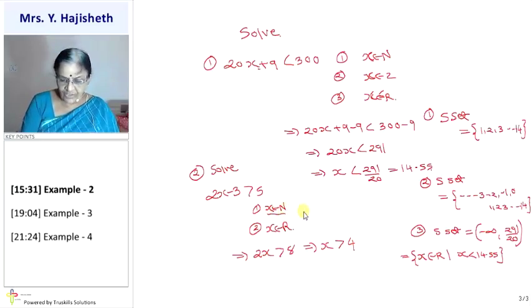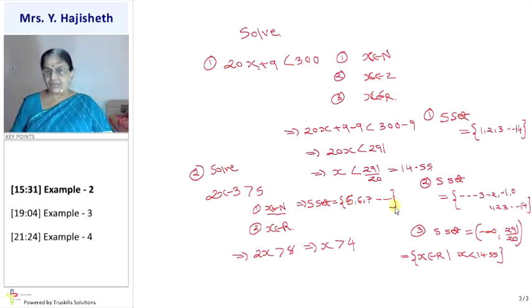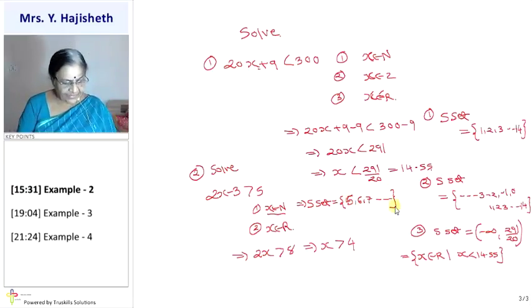So how many natural numbers are greater than 4? No limit. Greater than 4 means we start with 5: 5, 6, 7, and so on. All these natural numbers make this inequality true. Clear?